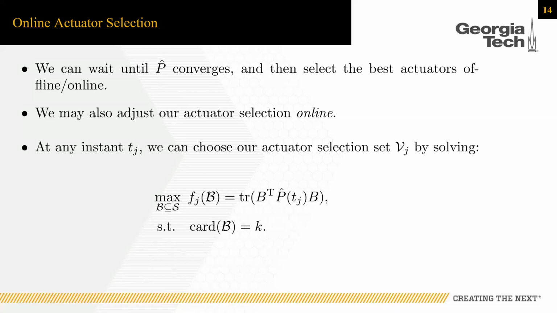So t_j and P hat(t_j) are the estimated weights at instant t_j, okay? The t_j are the times at which I have to select my actuators, and in order to do that, I have to solve this optimization. And of course, as you remember from before, A doesn't appear anywhere, okay?